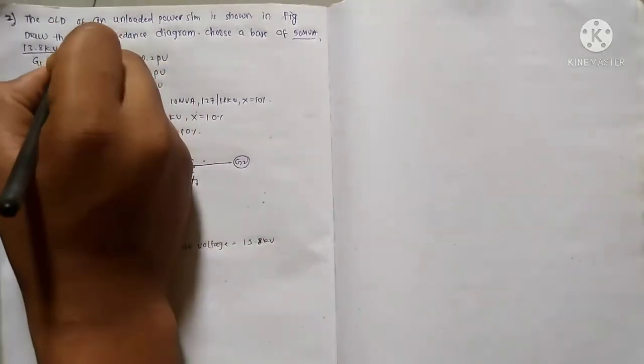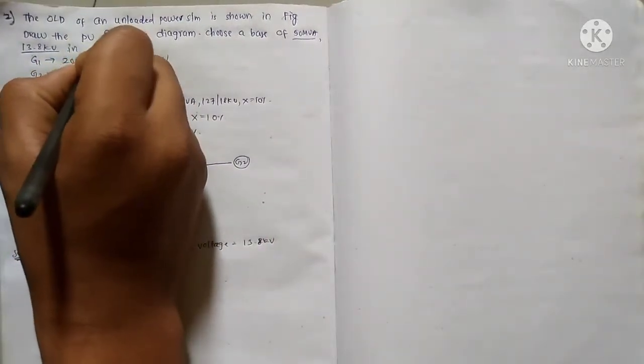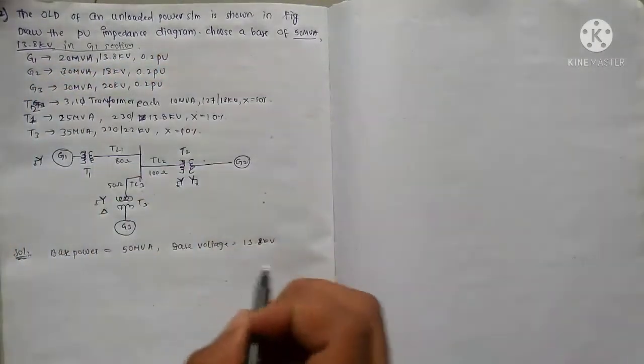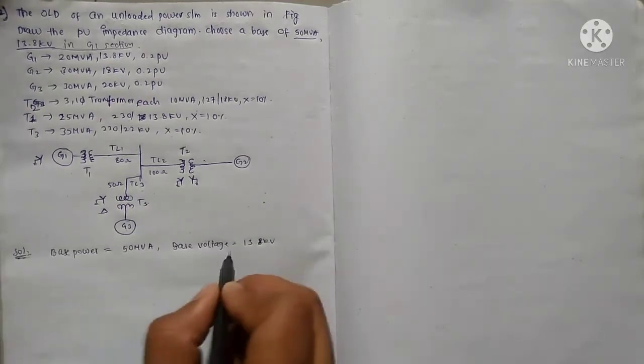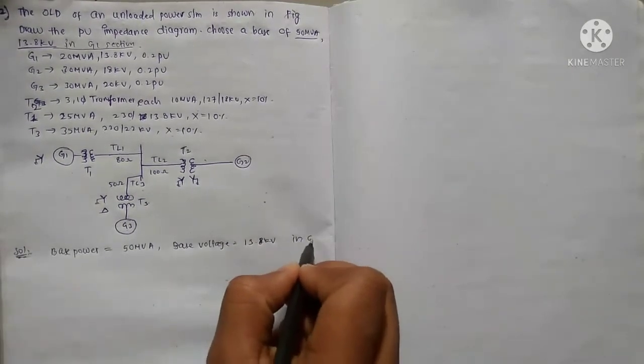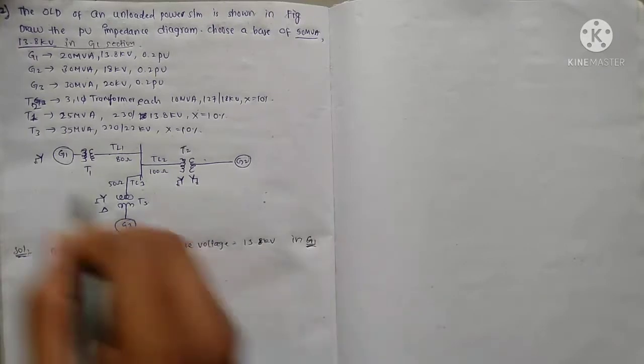I forgot to mention in the question, in the G1 section, generator 1 section, this is given in the question, I just skipped.